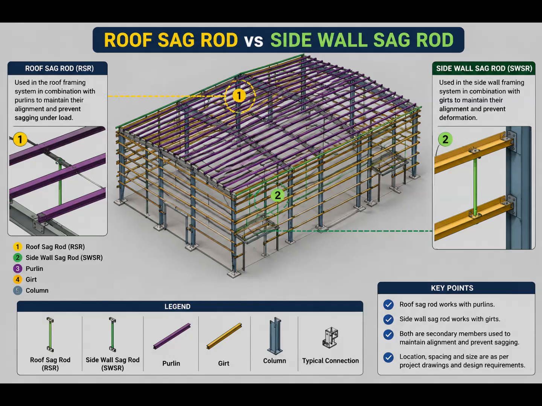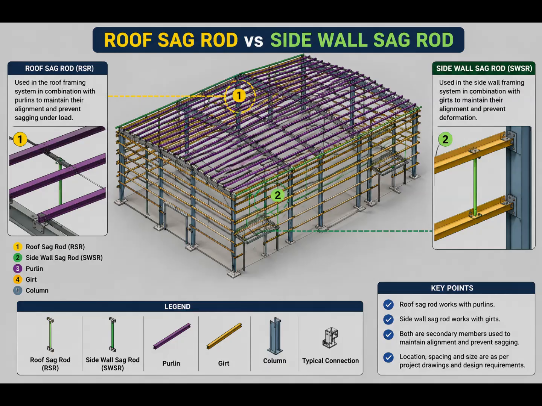And the sag rods work with the respective secondary members. So even though a sag rod is a comparatively small member, it is still an important part of the overall framing arrangement. This is also why a detailed 3D model is so useful for learning PEB structures.